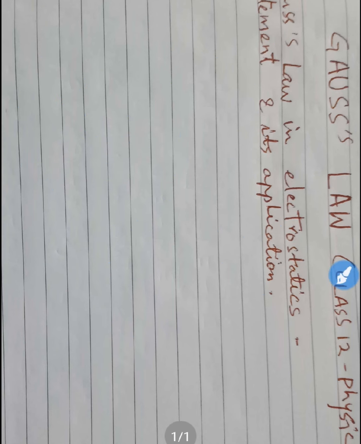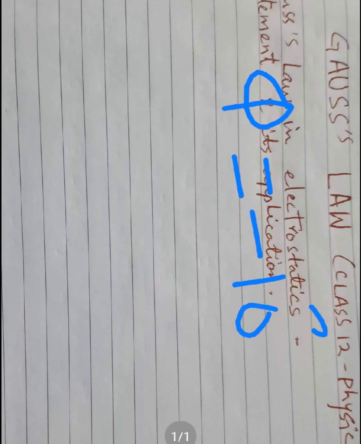Now in Gauss law also take care that flux may be positive, negative or 0. If flux is minus 10 to the power 3 newton meter square per coulomb and the point charge is inside the Gaussian surface, then what will be the value of the point charge? It means flux is negative, so point charge Q will be negative.